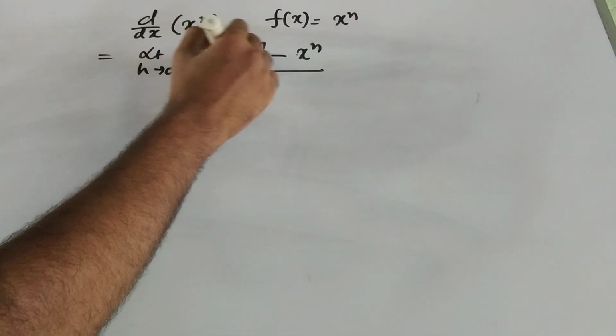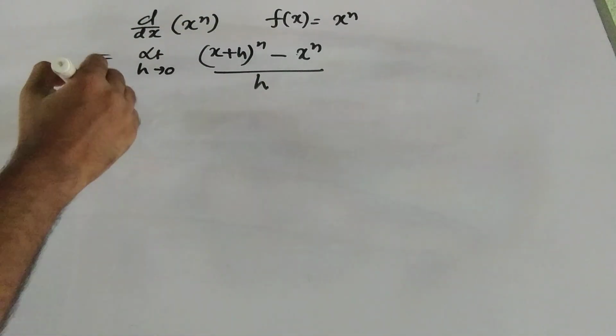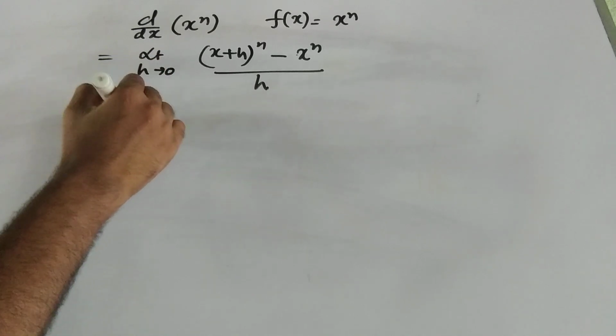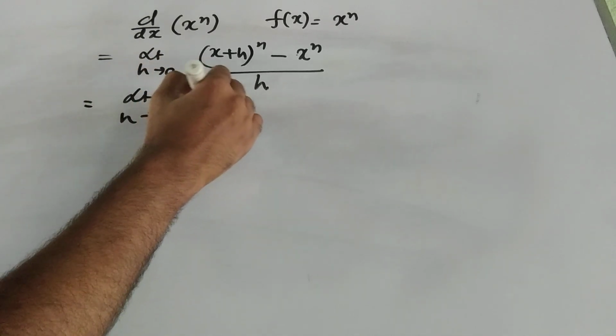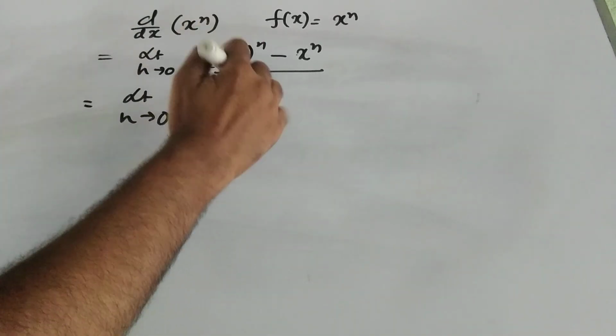Right? Now I have to do a polynomial expansion of the expression x plus h whole to the power n. What is that? That is limit h tends to 0 of x to the power n, that will be the first term.